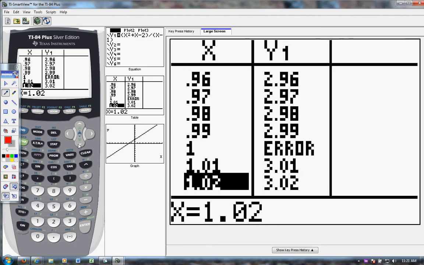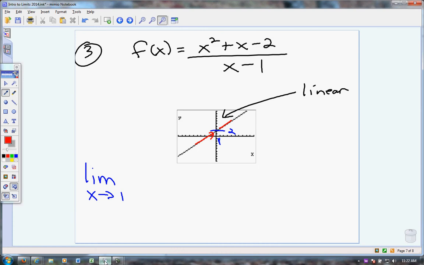It looks to me like it's approaching 3. So if I look at this numerically, it looks like it's 3. That's looking at it from the table. And the graph shows me the same thing. My graph isn't really zoomed in enough, but I think we could see the same thing on the graph.